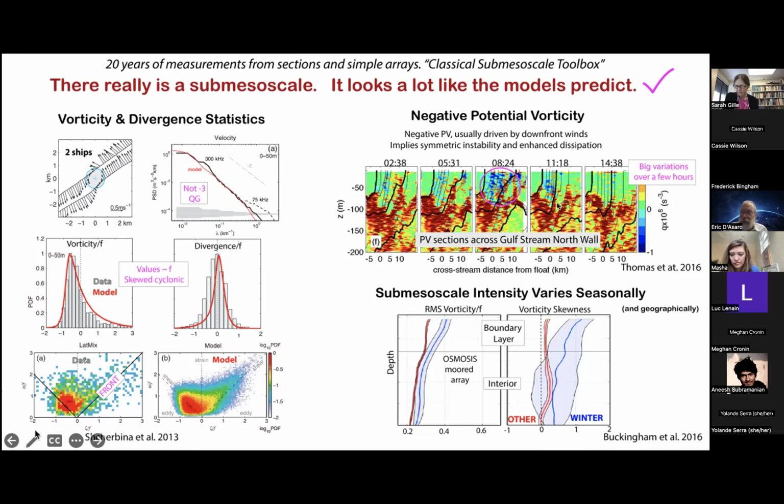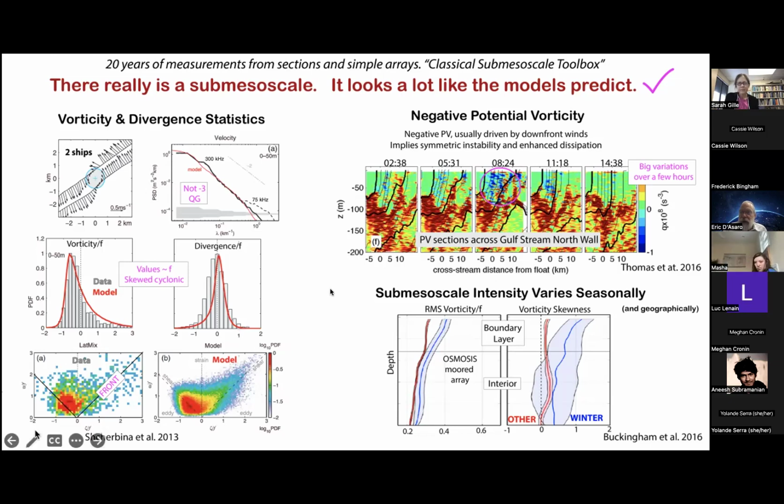And so you see some blue places, so the PV is negative, and you can see this very characteristic sign of symmetric instability, which are these equally spaced, slightly tilted isopycnals right at the surface. It's stratified, even though it's mixing fine. And you can see that these change a lot in a few hours. And that's also a characteristic. Like we saw in the video, things change a lot in a short period of time.